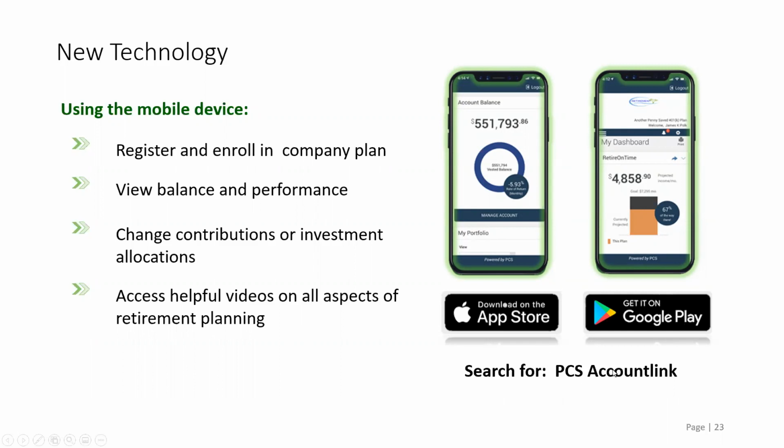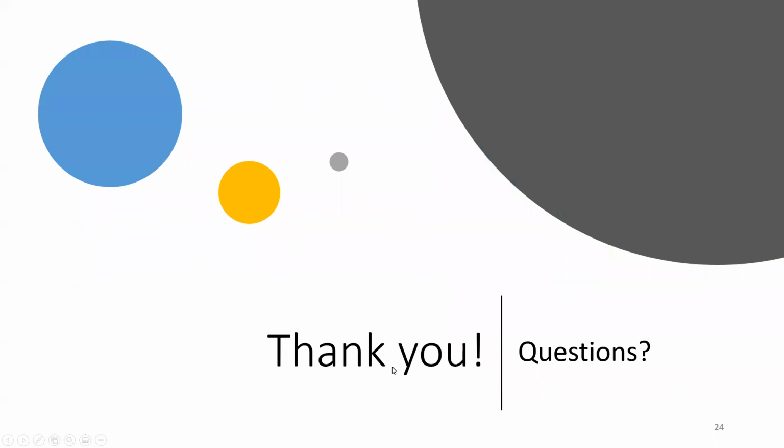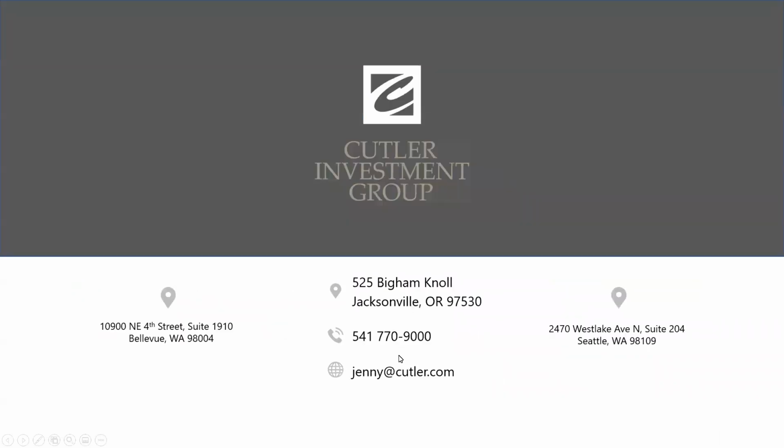The app that you search for is PCS Account Link, and it's for Google, Android and Apple. So that is kind of a highlight of the most common questions I get and the most important things on the online tool. Did anybody have any other questions or things I could address about online?